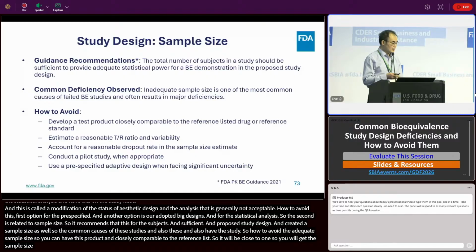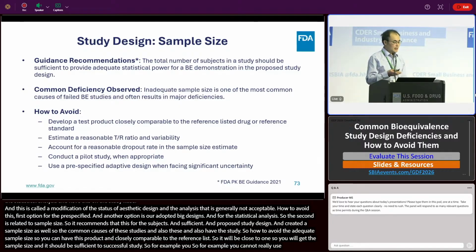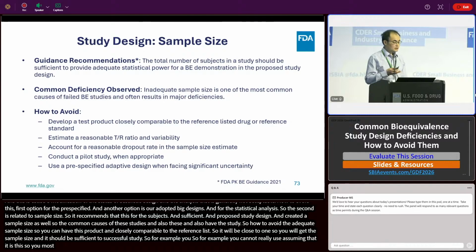The second one is to estimate a reasonable T/R ratio and variability. For example, you cannot really assume your T/R ratio is 1. In that case, most likely you will get inadequate sample size. So just use a reasonable T/R ratio. The most commonly used estimated T/R ratio is 0.9 or 0.95.